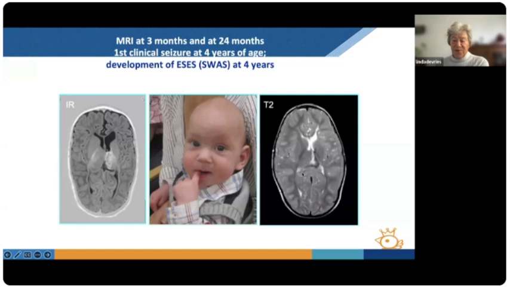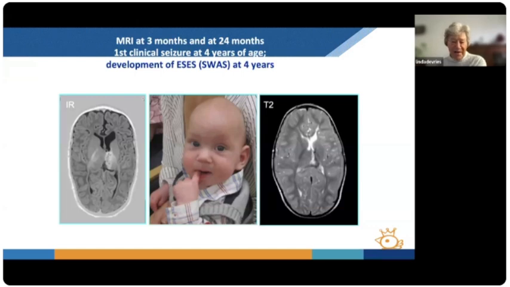And we see that on the later T2, we can still see the dark signal of the previous hemorrhage. Now, the main problem in these children is not motor outcome, but these children are very much at risk of developing a certain type of epilepsy, and that is electrical status epilepticus during sleep, ESES, but now the name has been changed to SWAS, spike wave activity during sleep.